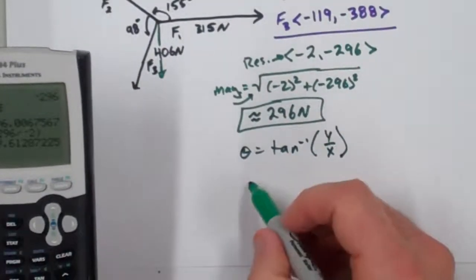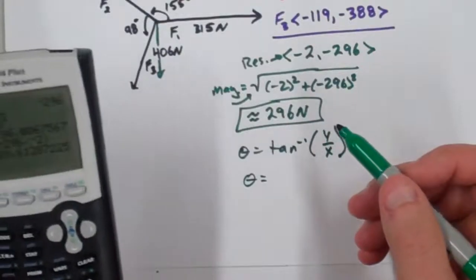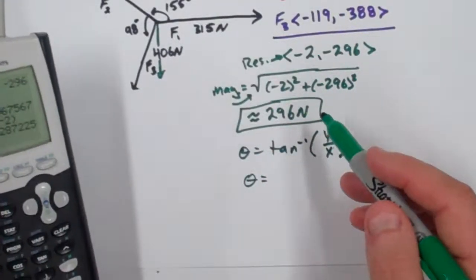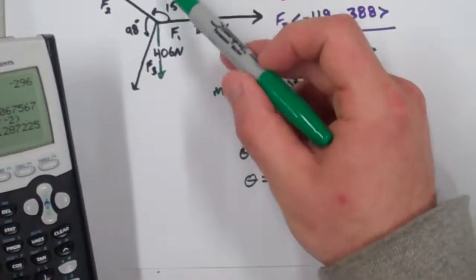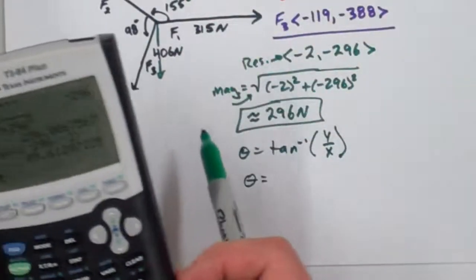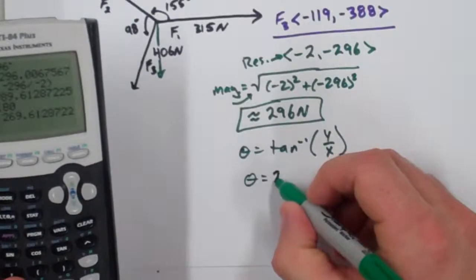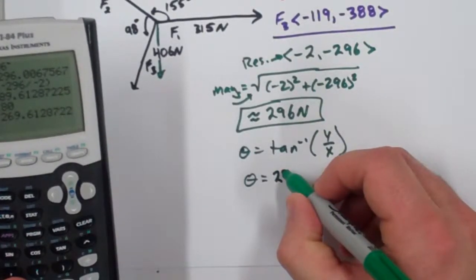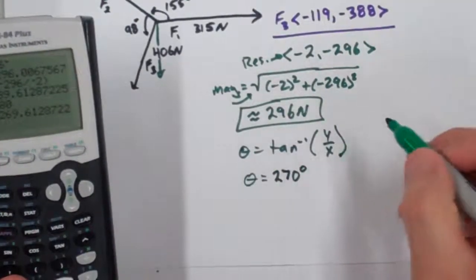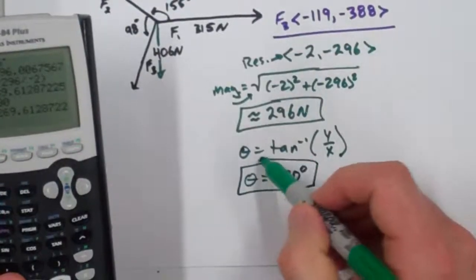This gave us roughly 89.6. But we know that it's not here. We have to add 180. Whenever that angle is in quadrant 2 or 3, we have to add 180, and we've got about 270 degrees. So there's your direction.